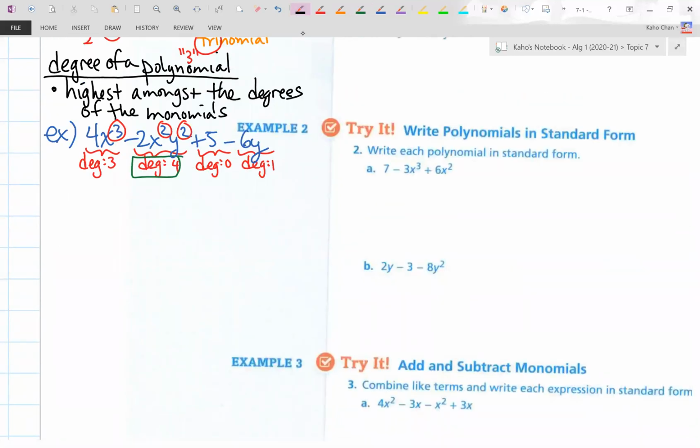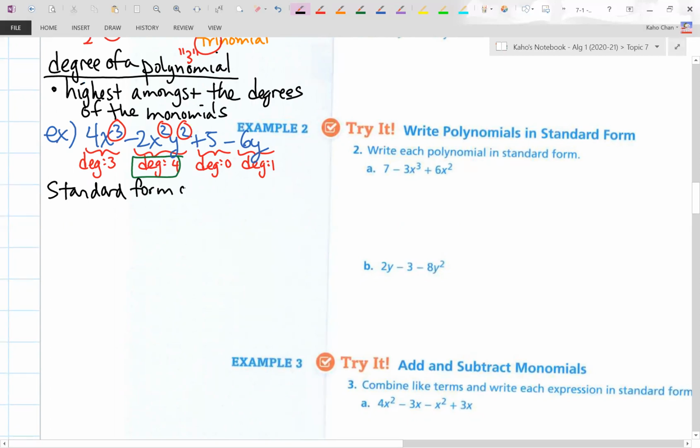Then we have something called the standard form of a polynomial. It's what we prefer when you give an answer to us on a test or a homework. Standard form of a polynomial is referring to a polynomial that's in descending order by powers or degree. Descending means going down.